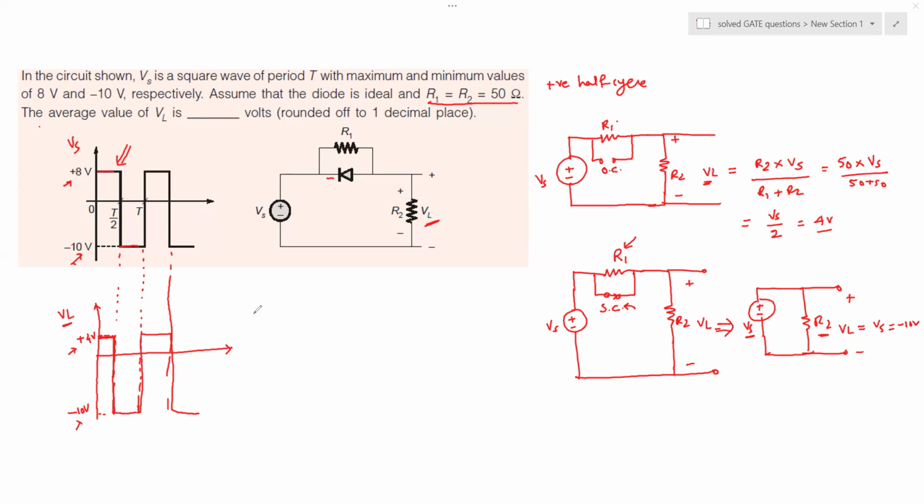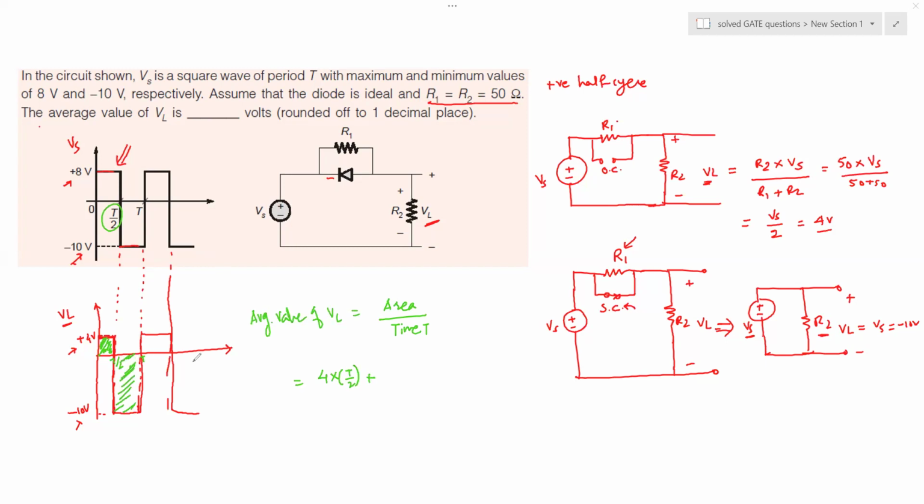We can write the average value of VL will be equal to the area under the curve divided by the time period T. The area of the plus 4 volt part is 4 multiplied by T by 2 here, right? And here is again T, so here is T by 2. So we can write here T over 2 plus the area of this waveform.